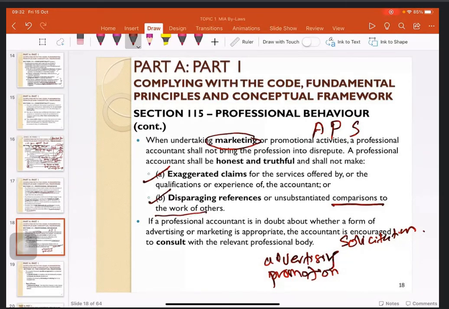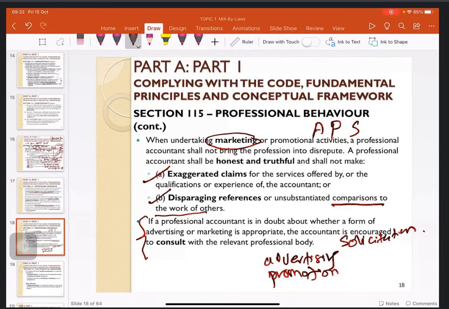You tak boleh kata, oh we be able to conduct the audit better than other CPA. Tak boleh. Okay, it is not allowed. Faham ya kelas ya? Tetapi this topic kita akan cover detail later on dalam section 400.